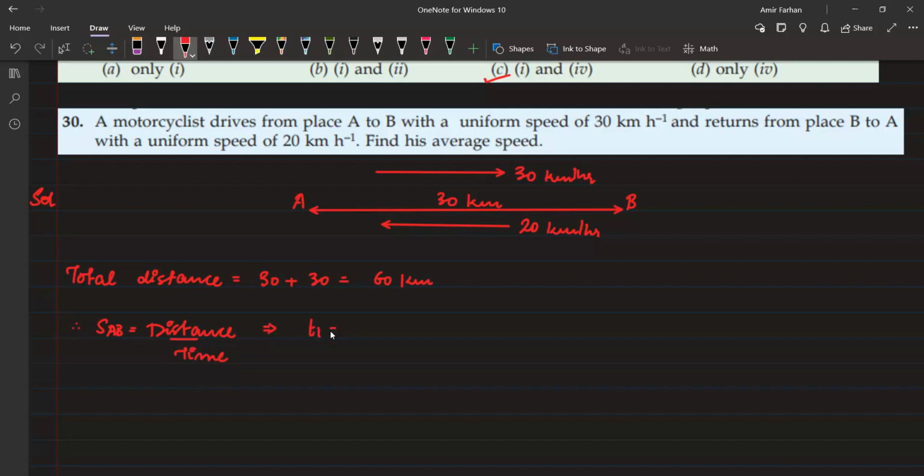So T1 equals DAB by SAB, which is 30 divided by 30, coming out to be 1 hour, because this is time. So this is 1 hour, right?